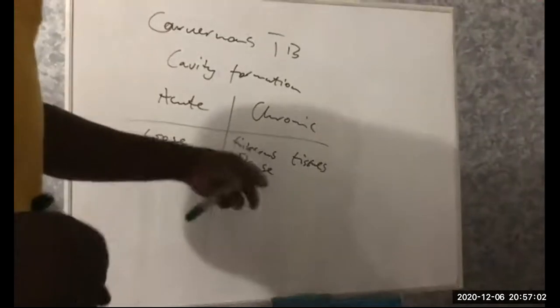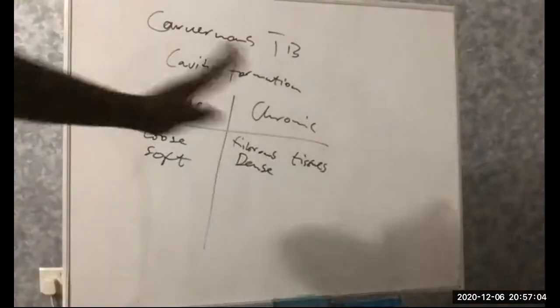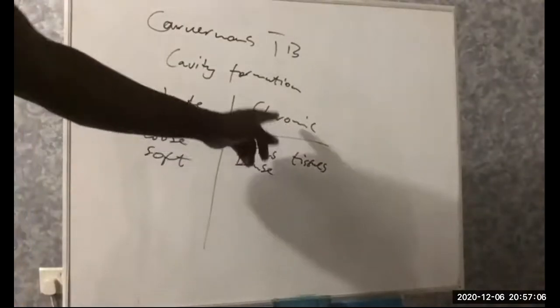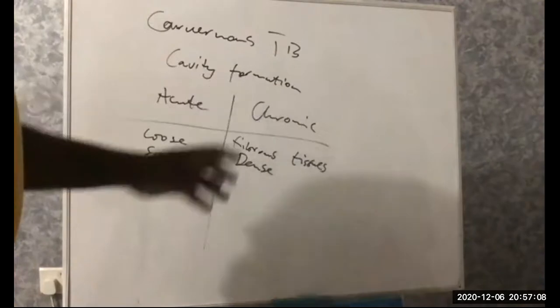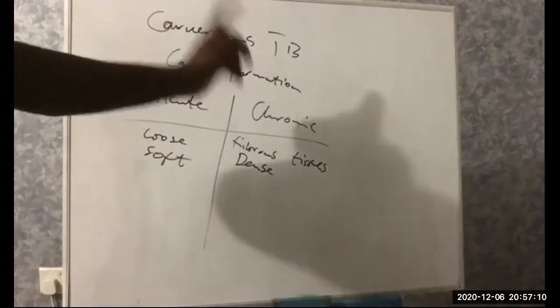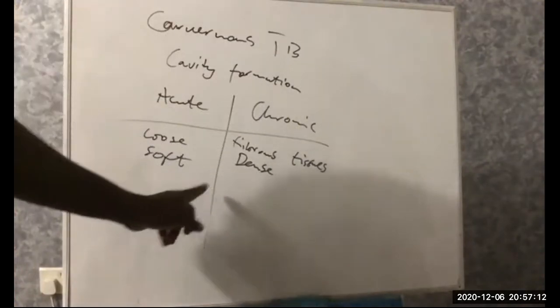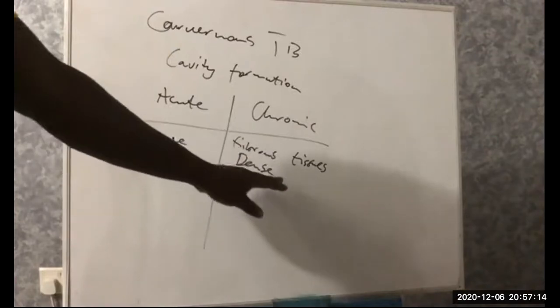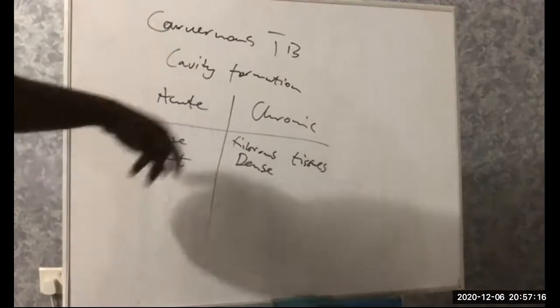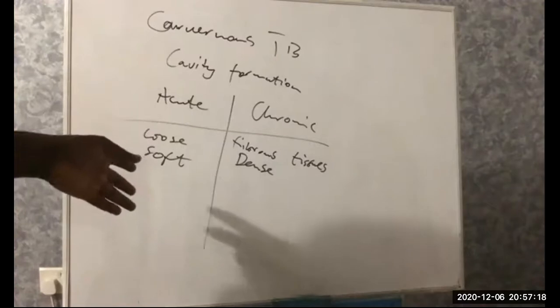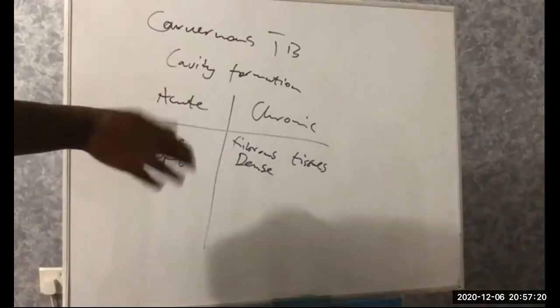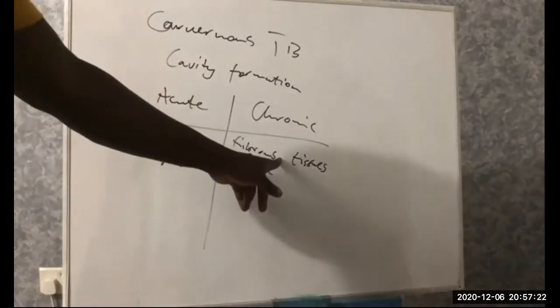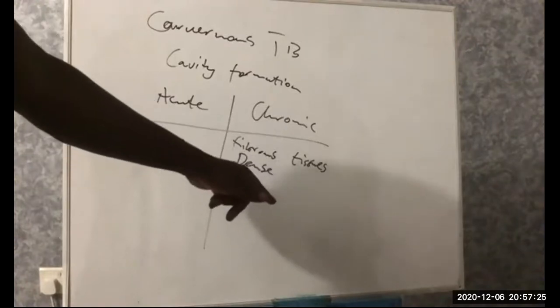So once you see that there is fibrous, dense connective tissue, then you think of chronic cavernous. In the acute, the edges are soft and the connective tissues are loose. But here in the chronic, the edges are dense.